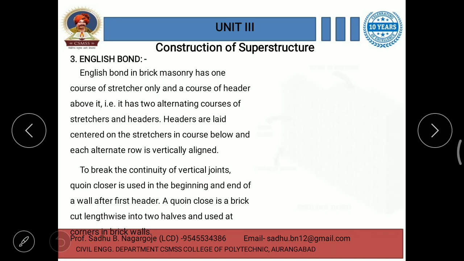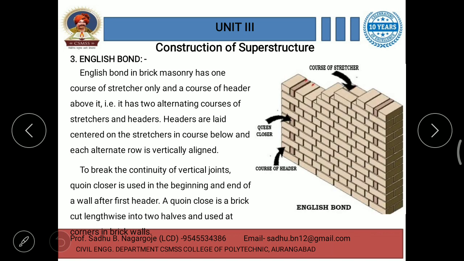Then the third type, a very important type of bond, is English bond. English bond in brick masonry has one course of stretcher only and a course of header above it.